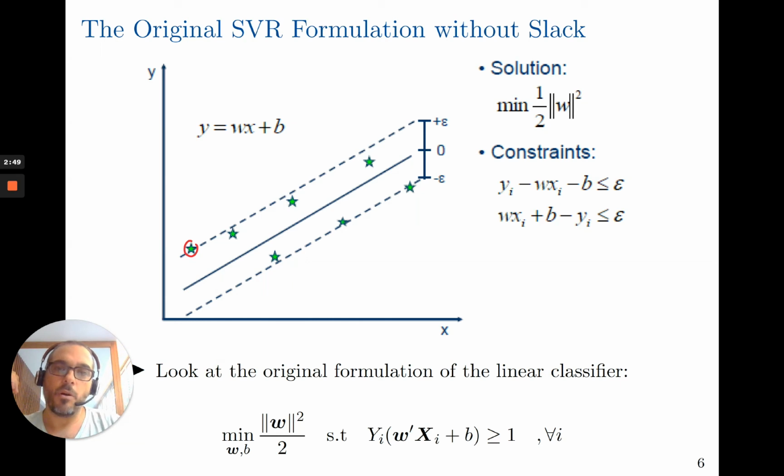When the error is small, in this cone defined by plus epsilon minus epsilon, then we don't take this error into account because the errors are too small. But when points are outside the cone, then we are going to take these errors into account. So I'm making the parallel here in this slide between the support vector regression and the support vector classifier.